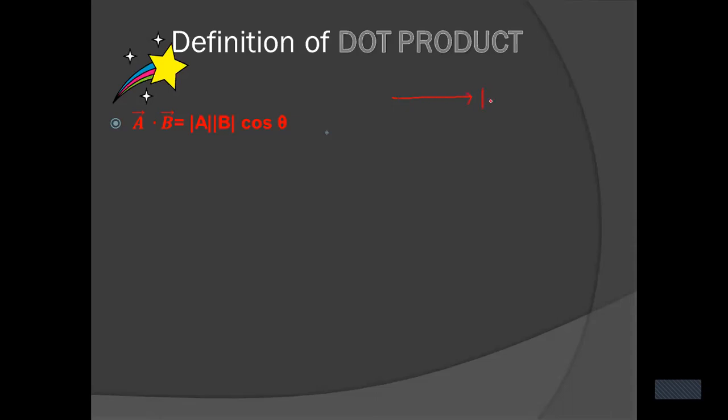Suppose this vector is A bar and another vector is B bar. Now these two vectors are parallel to each other, so just tell me what will be the dot product? What will be A bar dot B bar here? Everyone should answer, what will be A bar dot B bar?